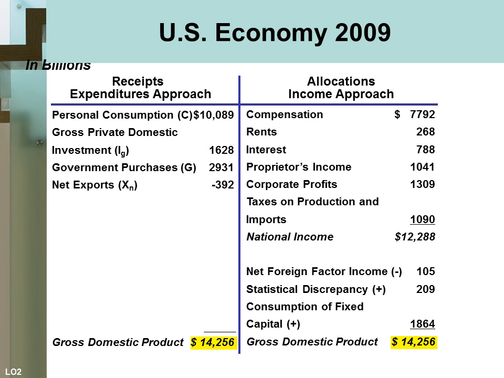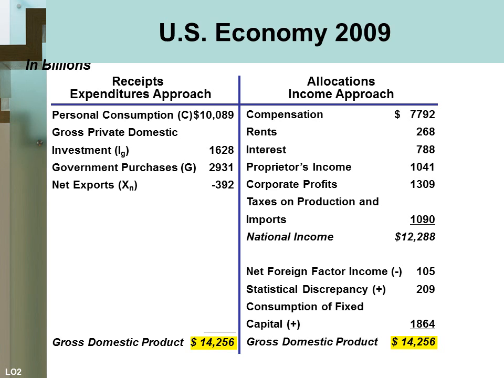That should make sense because there's roughly 150 million people in the U.S. labor force, right? All right, and then we had rents, which seems a little bit low, but that's probably because people can depreciate their properties. Interest, proprietors' income, sole proprietors that have both sort of a wage and sort of an interest portion to that.